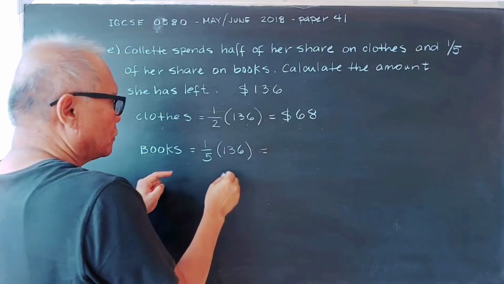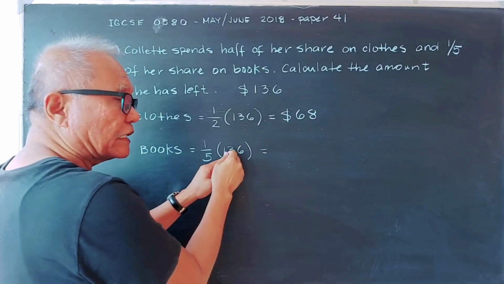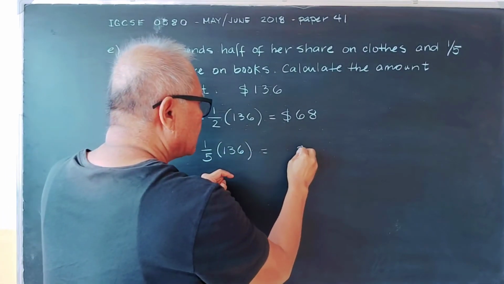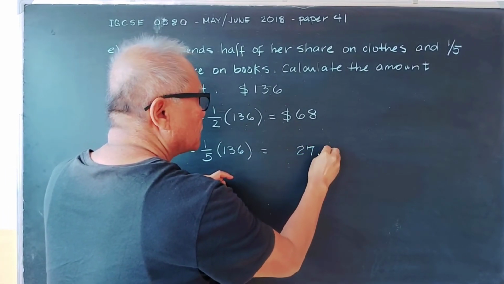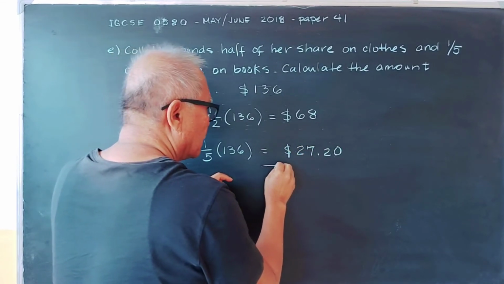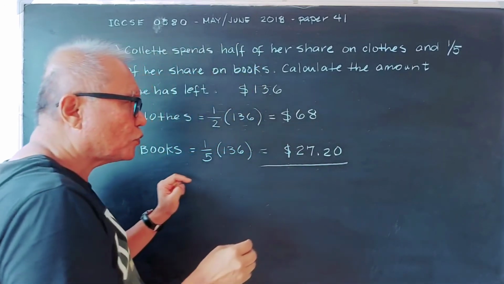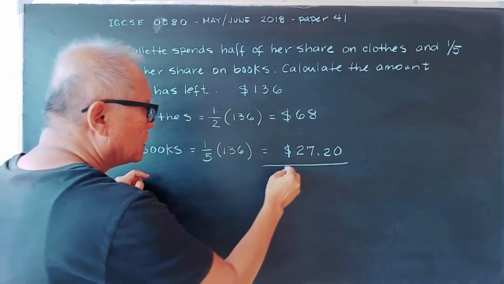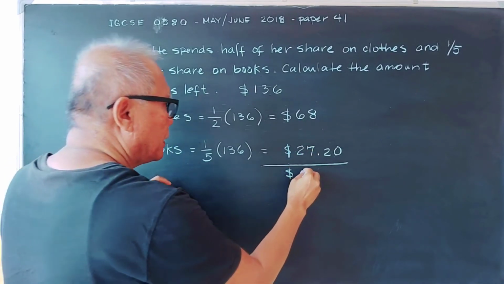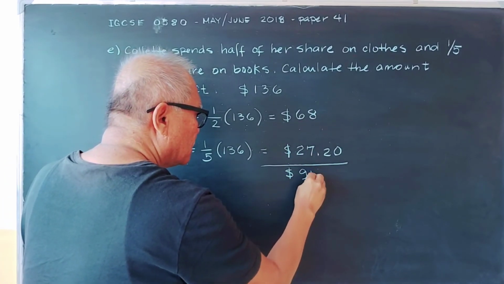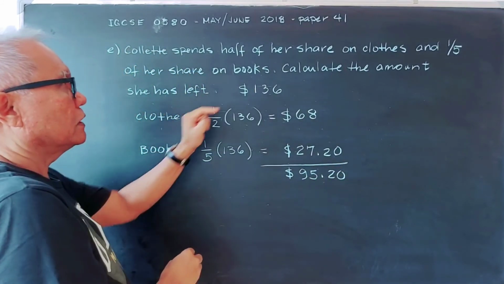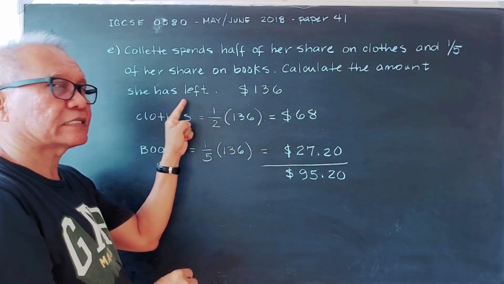So for books, 136 divided by 5 is $27.20. Okay. So let us compute the total amount that she has spent. If we add that one, we'll get $95.20. Calculate the amount she has left.